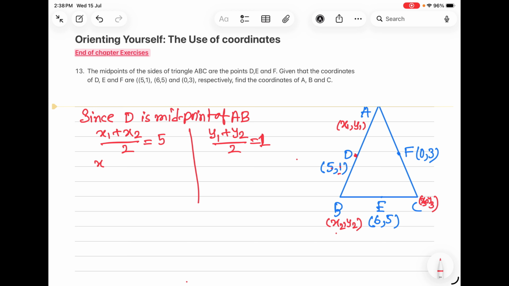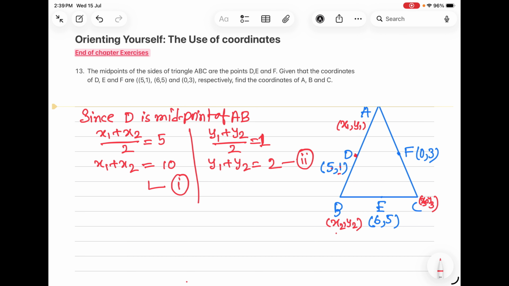Now from the first one, x1 plus x2 equals, by cross multiplication, 5 into 2, 10. This is equation number 1. And y1 plus y2 equals 2 into 1, 2. This is equation number 2.